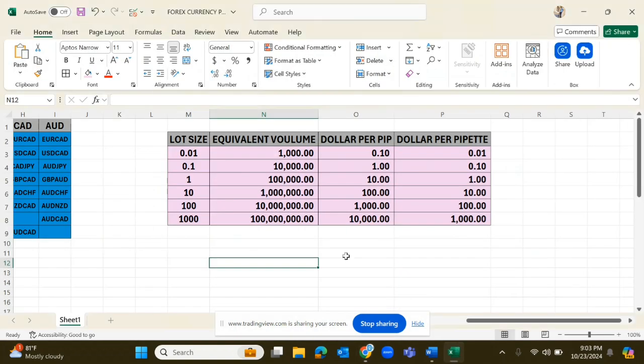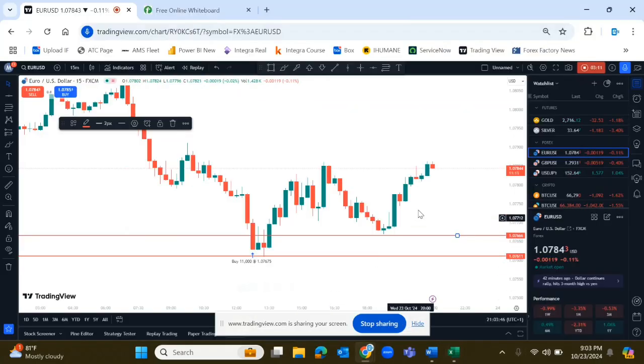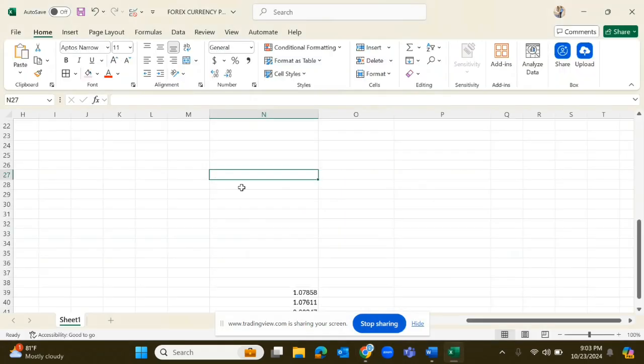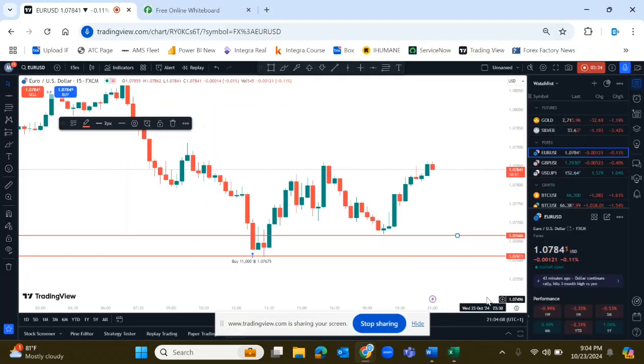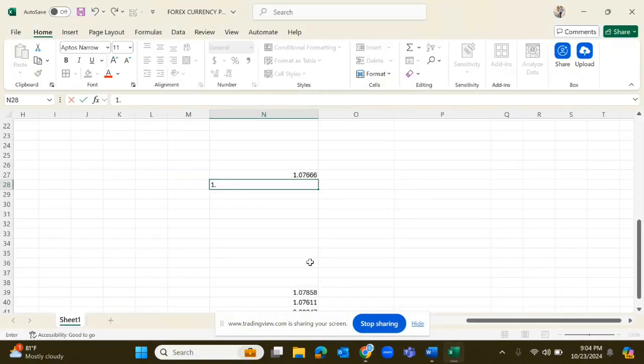So now let us take a look at this in Excel. Let's look at this price and make a calculation in Excel. This price is 1.07666, and the other price is 1.07611.